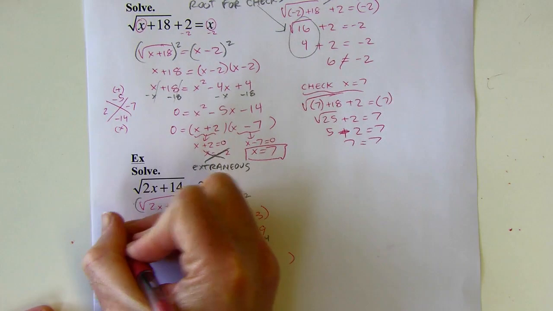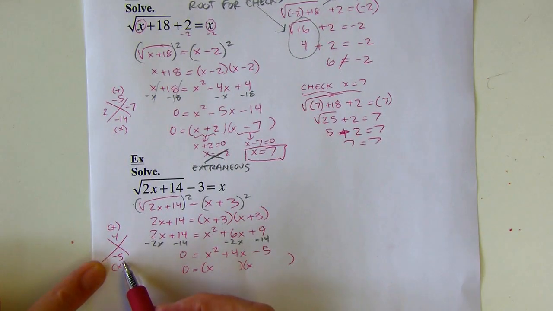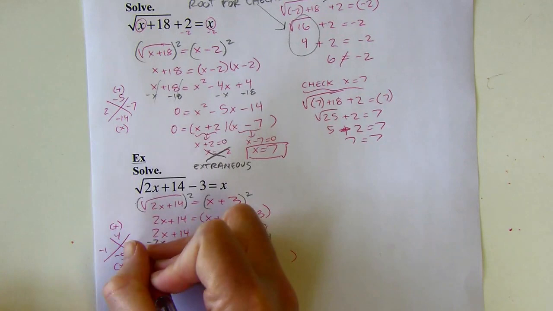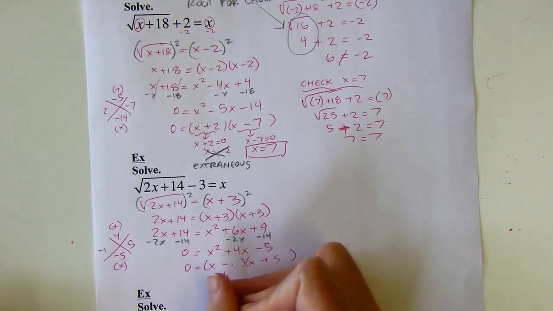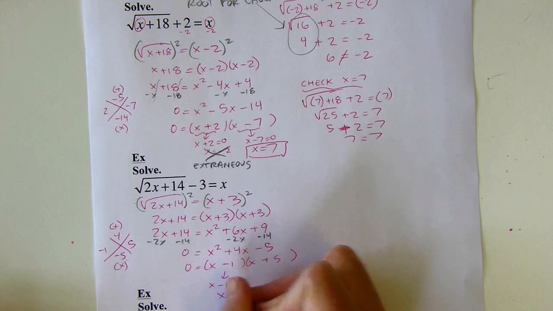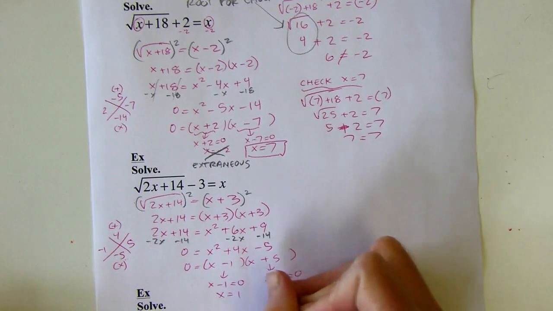Okay, looking for two numbers that add to 4, multiply to -5. So 1 and -5 doesn't work, but -1 and +5 does. So that means my possible solutions are x equals 1 or x equals -5.